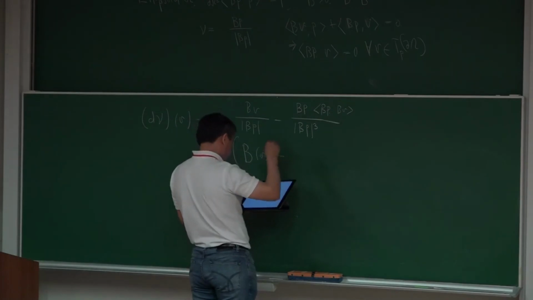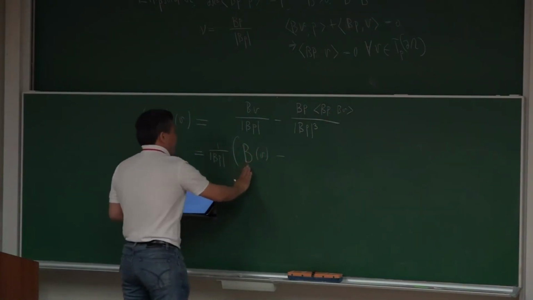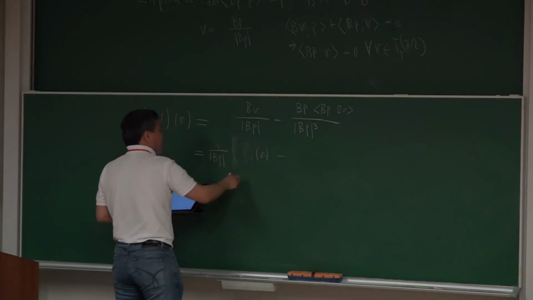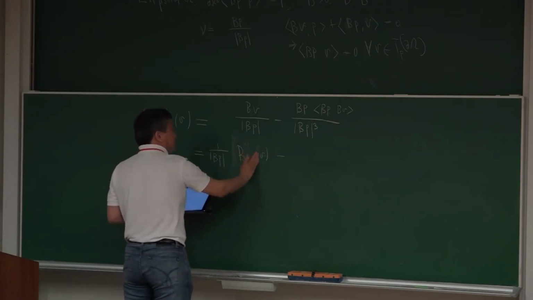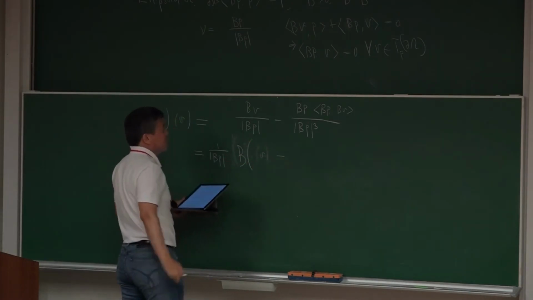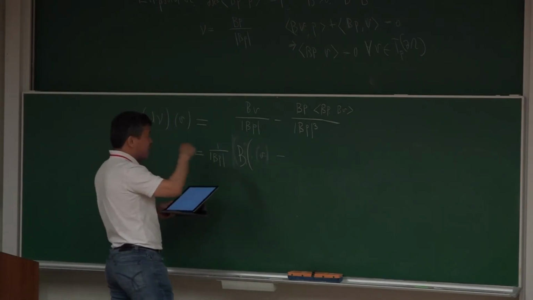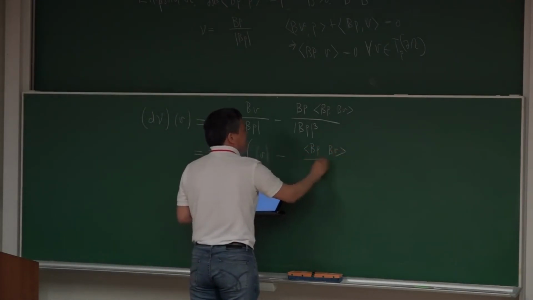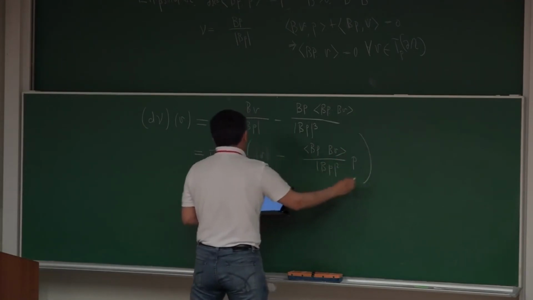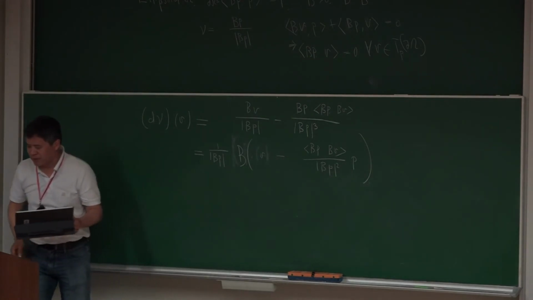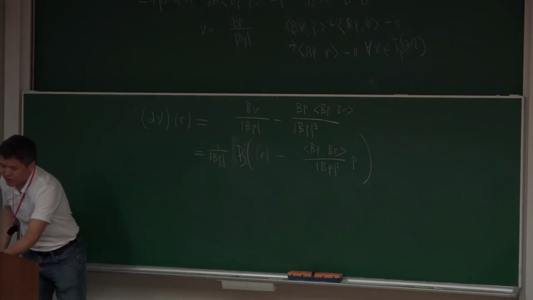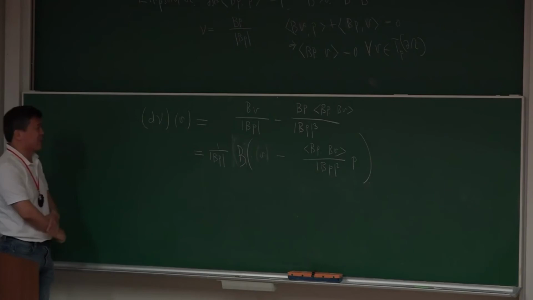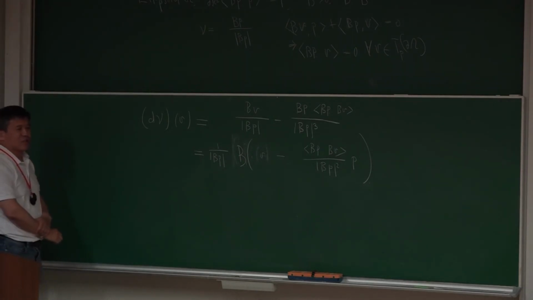I'm sorry, I put a B on top. Now it's BP·BV times BP. So that's the second fundamental form. A priori, it's not very clear how you compute the Gauss curvature.